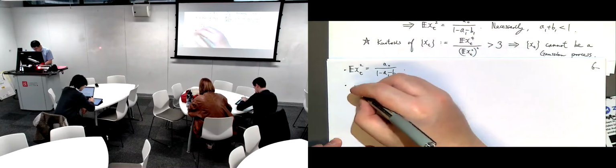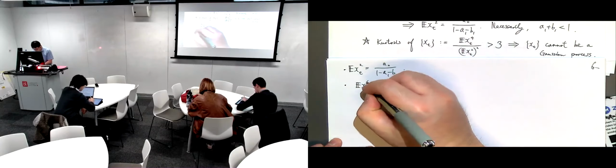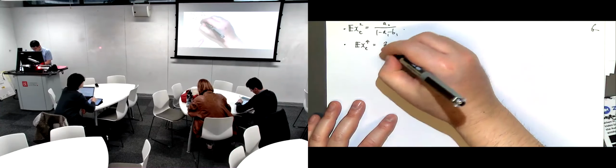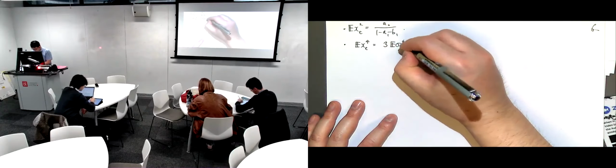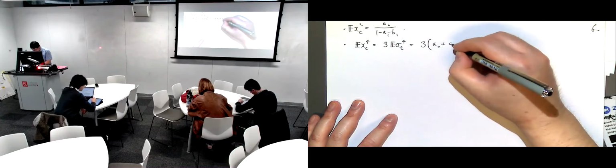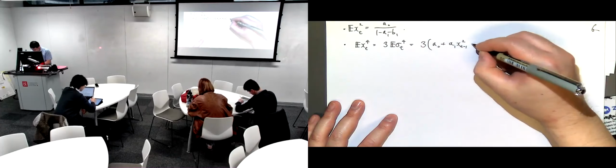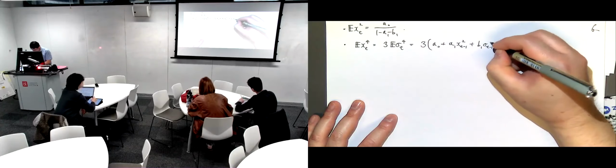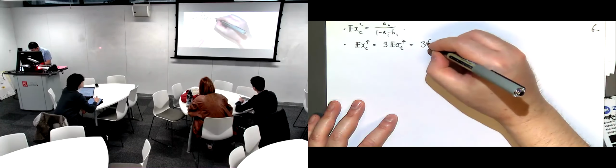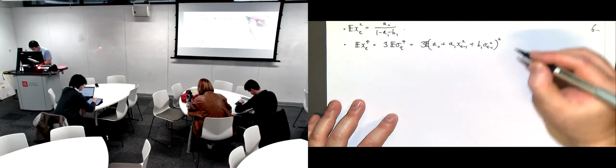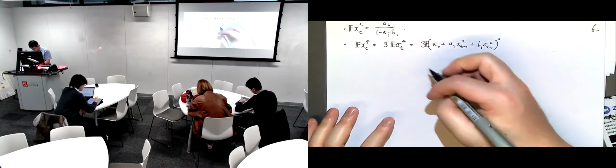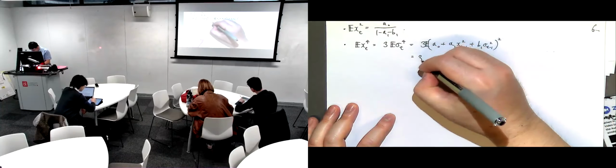Now how about expectation of Xt to the power 4, which is 3 times expectation of sigma t to the power 4, which is 3 times A naught plus A1 Xt minus 1 squared plus B1 sigma t minus 1 squared, all squared. So that's expectation of this all squared. So yeah, quite complicated, okay? So I'll lead you through this.